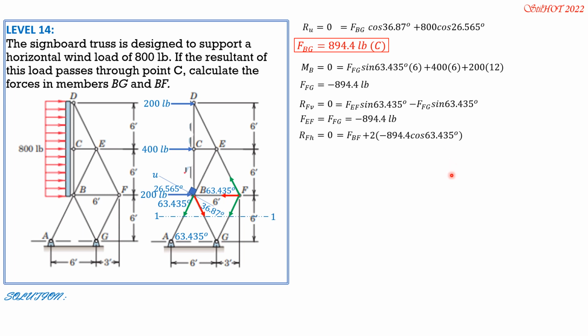So FBF is positive, so it is tension, 800 pounds tension.